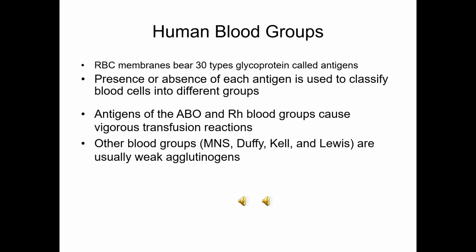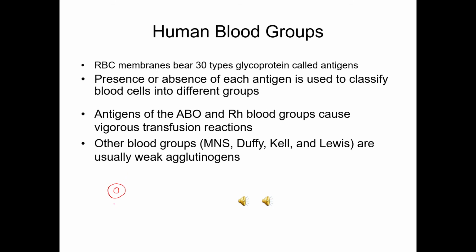Blood group or blood type. You know that different people have different blood groups or blood types. Why is that? Blood group is actually determined by the surface of the red blood cell of that person.